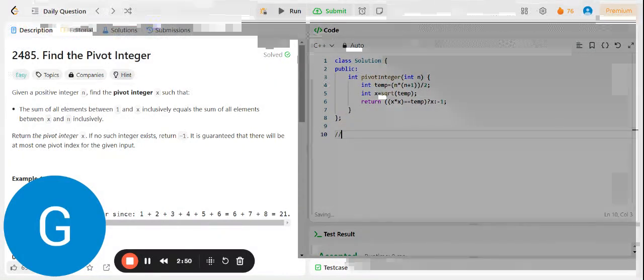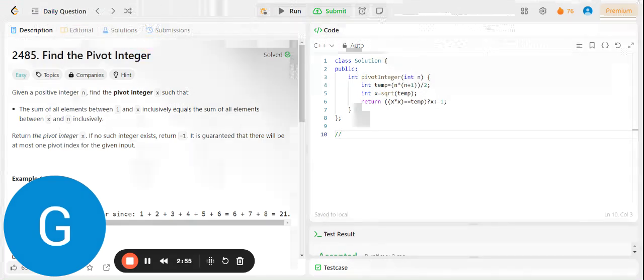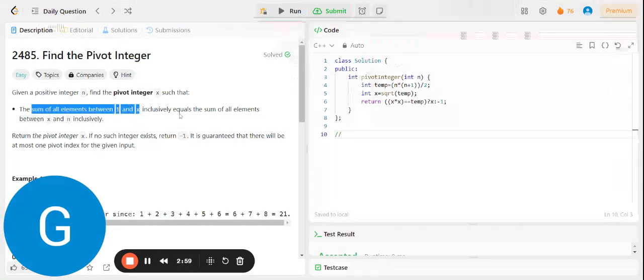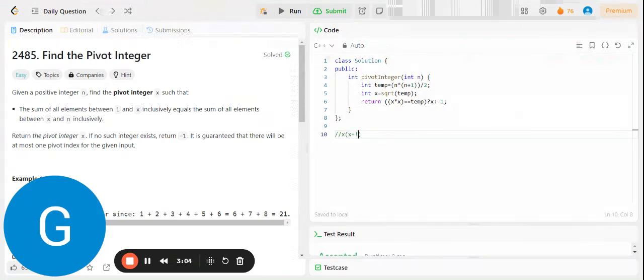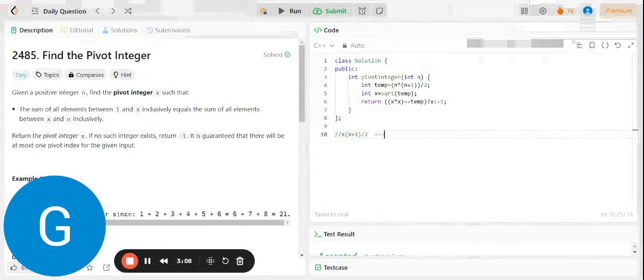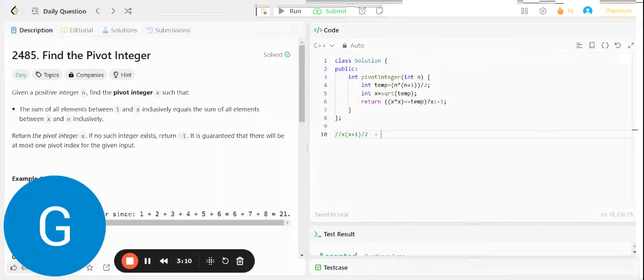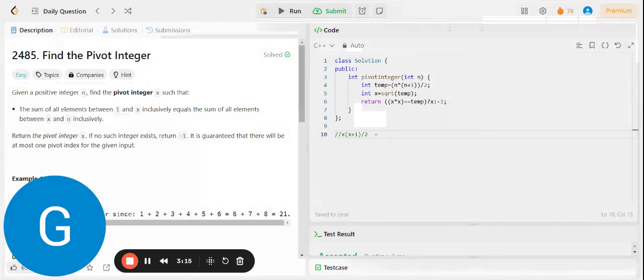Let us say we take an integer x between 1 to n. Then the sum of elements between 1 to x inclusively will become x into x plus 1 by 2. This must be equal to the sum of elements from x to n inclusively. We know that the sum of elements between x to n inclusively equals the sum of elements from 1 to n minus the sum of elements from 1 to x minus 1.